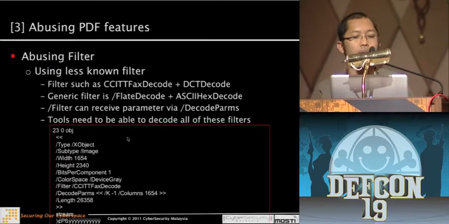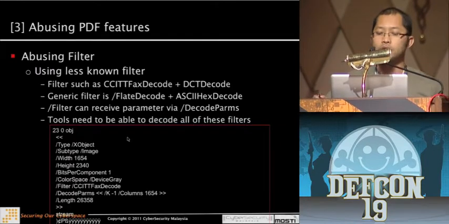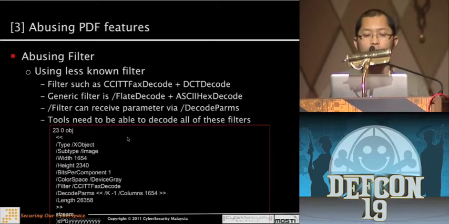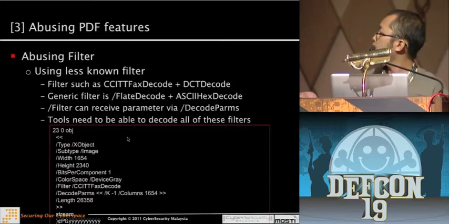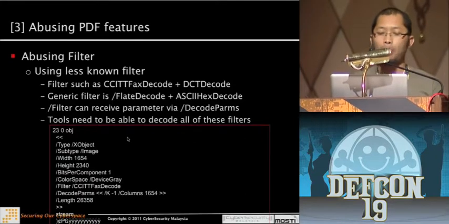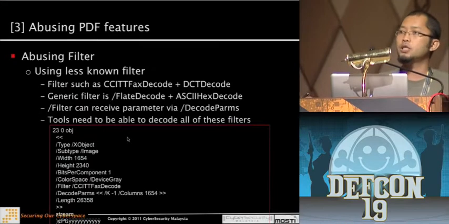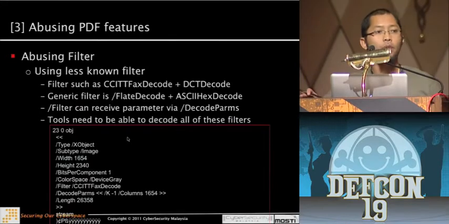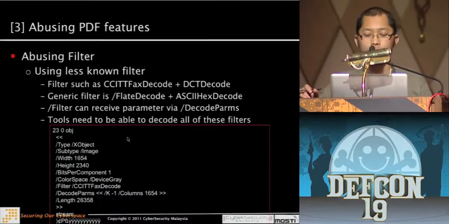Another thing you can abuse within PDF obfuscation is the filter. The main category here is PDF features. One of the normal features in PDF is the filter. The main reason for the filter is basically to compress the size of the PDF, so you normally use some encoding to compress it.